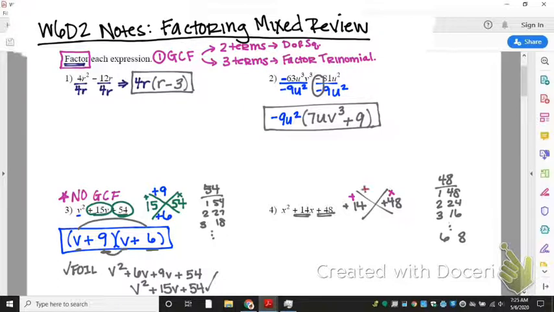We need a positive 6 and a positive 8, so that they sum to 14 and their product is 48. So x squared plus 14x plus 48 becomes x plus 6 multiplied by x plus 8.